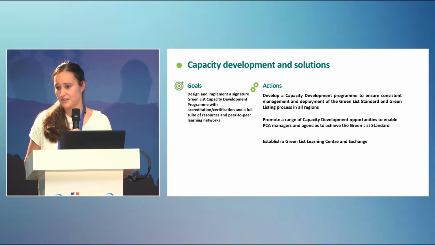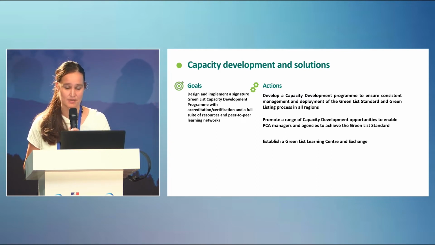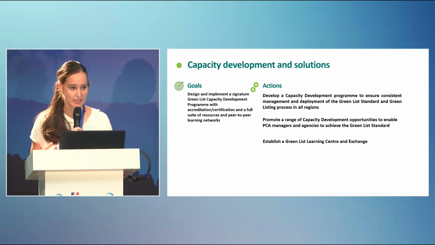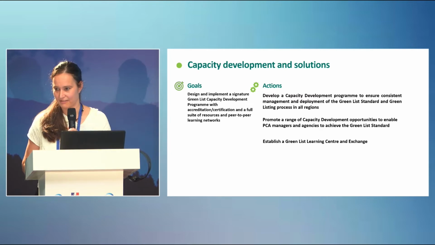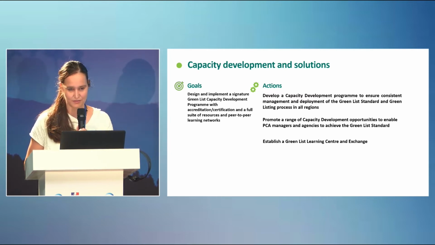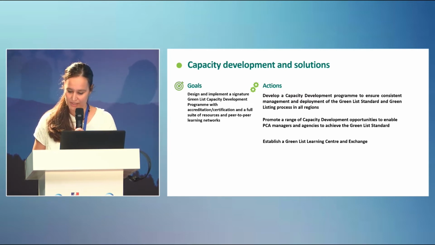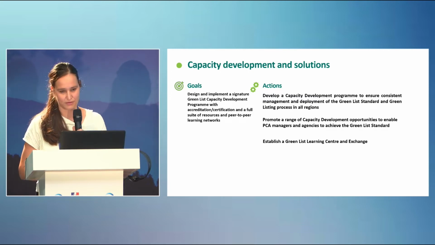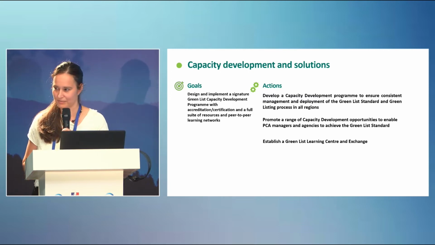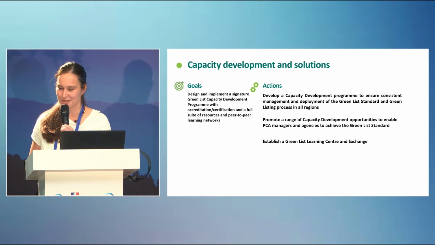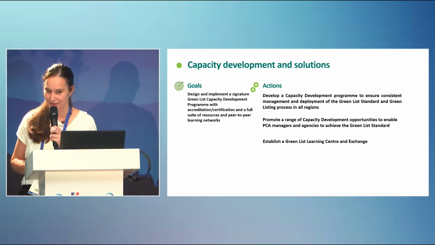There's also a need to actually assess the training needs, so to better understand who are the recipients, the target audience, and what are their exact needs. And then another key area of work is the sustainability of such a capacity development program, so establishing a business model for maintaining that in the longer term. And this is a segue into what James will talk about, who is now here on financing.